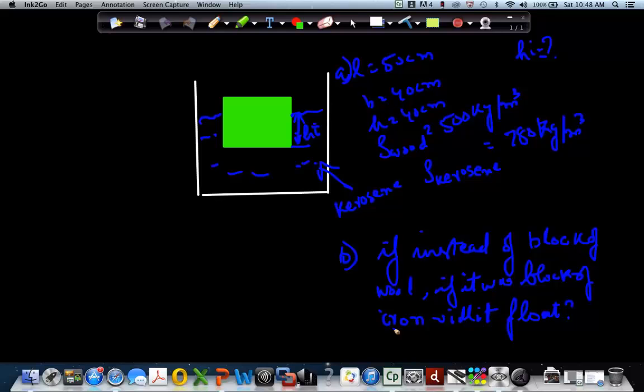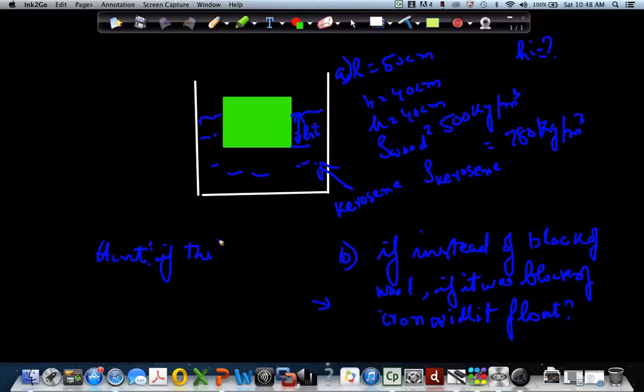So the hint for this question is, if instead of a block of wood it was a block of iron, will it float? That's the question, right?